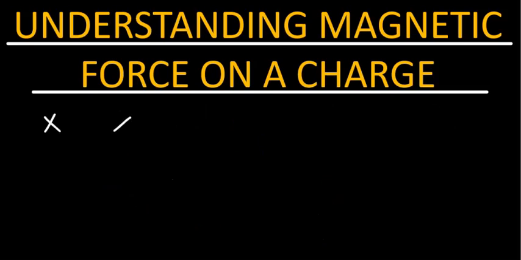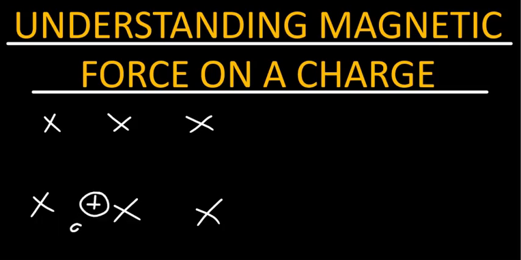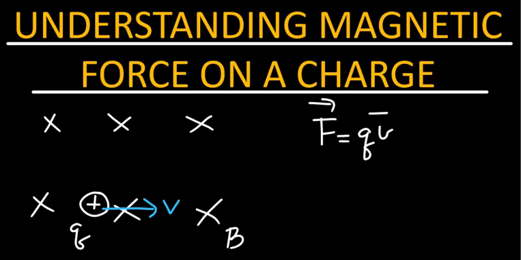Now let's look at this scenario. You have a region where the magnetic field is pointing into the board, and you have a positive charge, let's say in this case, moving initially with some velocity v to the right. So we know the expression for the magnetic force is given by q v cross B. Now let's see what happens to this charge.